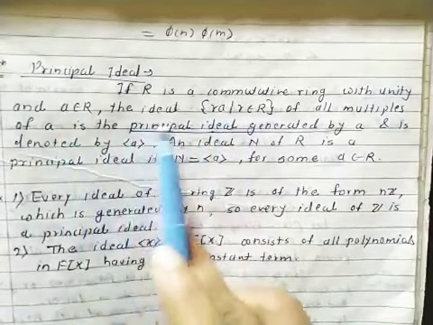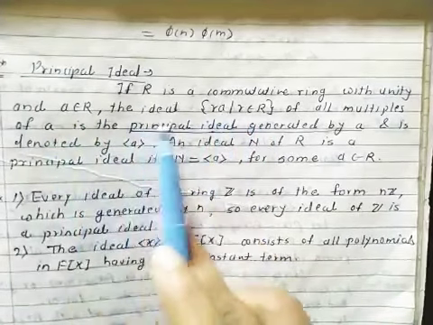The ideal Ra of all multiples of a is the principal ideal generated by a and is denoted by the square bracket, a. An ideal N of R is a principal ideal if the ideal is generated by this single element a for some a belonging to R. Then we say that the ideal is a principal ideal.